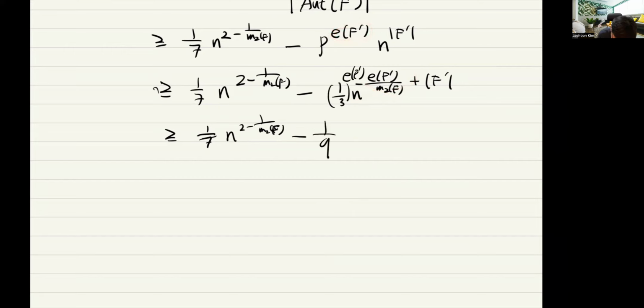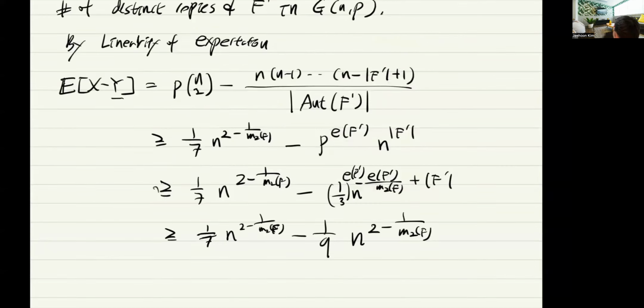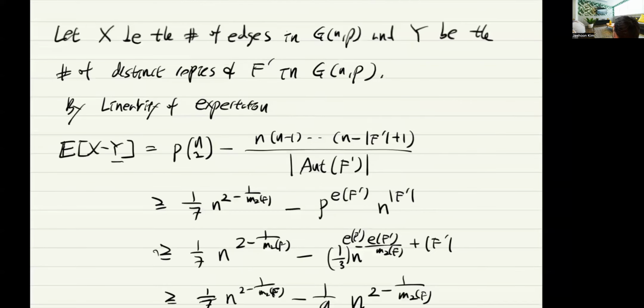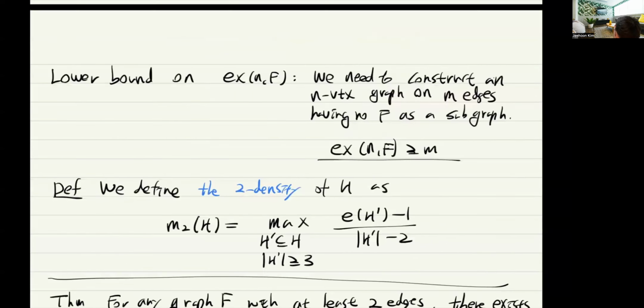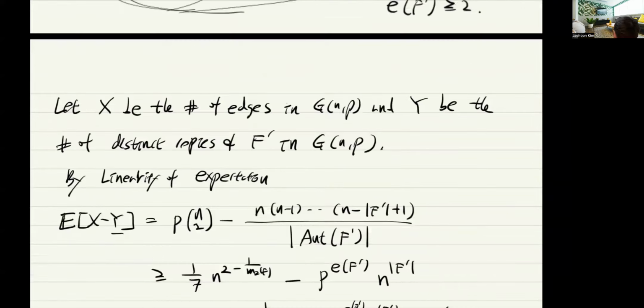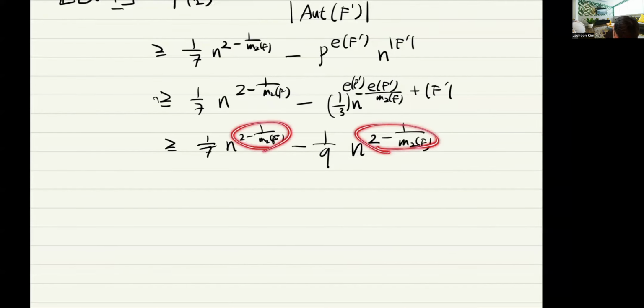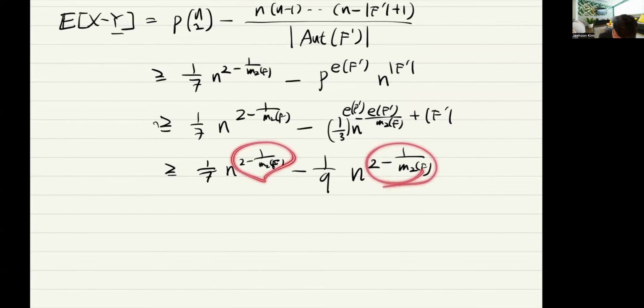So this is 1/9, and n to the same exponent. The reason how we defined this 2 density was to make sure that this number and this number coincide. So that's the motivation on how we define this 2 density and how we define this P.